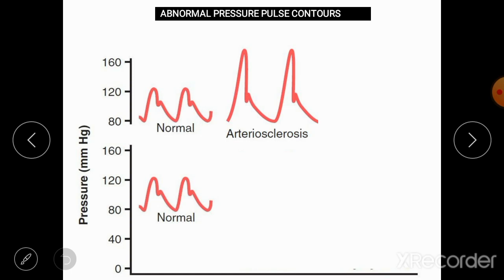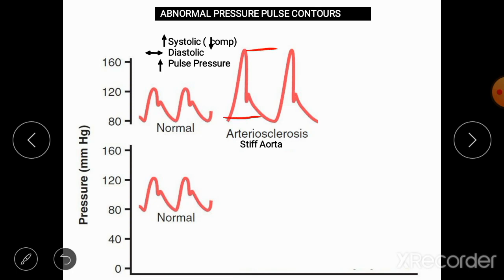Since the peripheral resistance is not much changed in atherosclerosis, you won't see much change in the diastolic blood pressure. So what is the condition here? The systolic blood pressure increases, the diastolic blood pressure remains the same, and the pulse pressure increases. I hope you understood. I can repeat it for you.